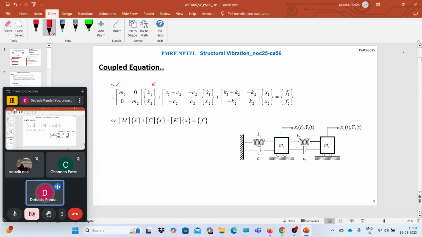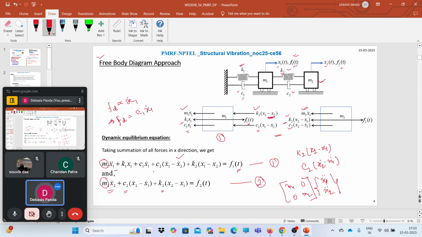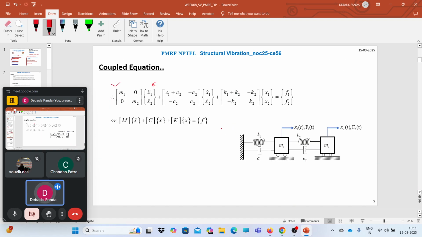Plus, if you again rearrange the c terms here, we can see that the velocities of the two degrees, x1 dot and x2 dot, can also be separated out into a matrix. So we have the damping matrix over here. If you rearrange the terms, you will have c1 plus c2, minus c2, minus c2 and c2. And for the stiffness terms also, k1 plus k2, minus k2, minus k2 and k2, and this is the force.